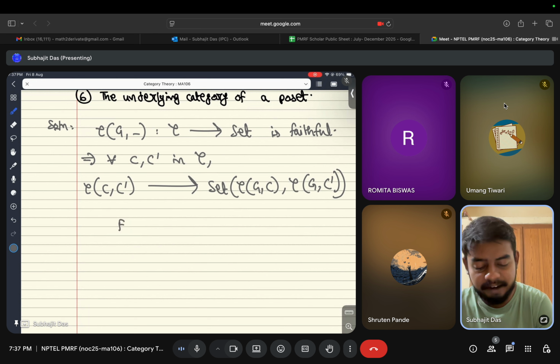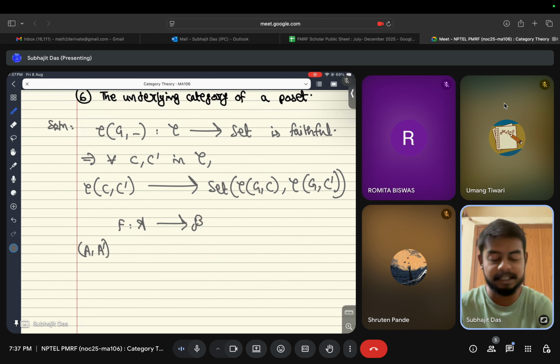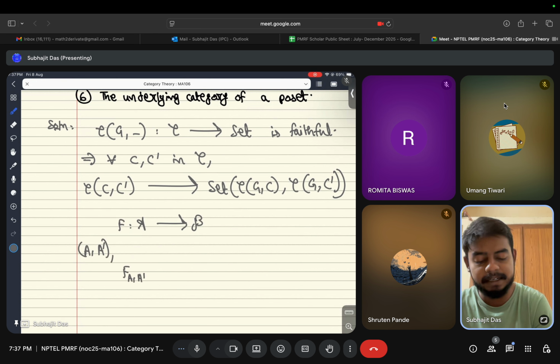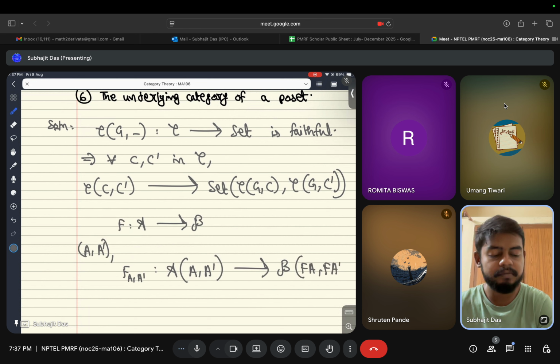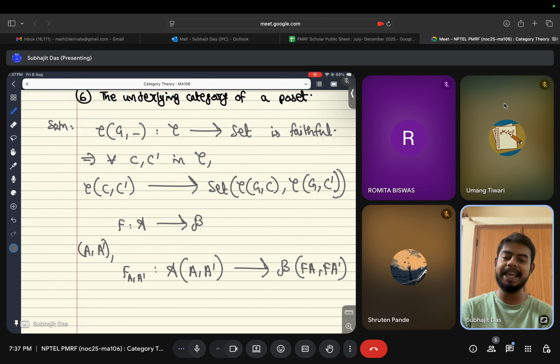So if F is a functor from a category A into a category B, for every pair of objects of the domain category, you have a map F. Similarly, for some other pair, let's say X, Y, you have a map F_{xy} from script A(x, y) to script B(Fx, Fy), right?